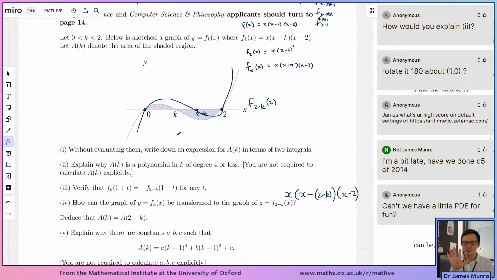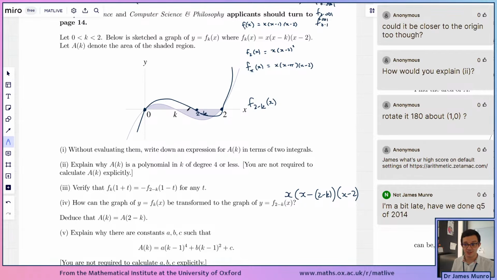But of course that wouldn't actually work with the cubic. So reflecting is a good start. It would move the roots from 0, k, 2 to, if you do the reflection correctly, the 0 and 2 roots will swap, and the other root will move from k to 2 minus k. I'm saying if I do the reflection correctly, I think I'm imagining reflecting in the line in the middle, so x equals 1, I guess.